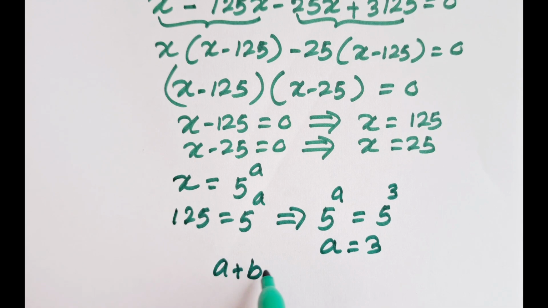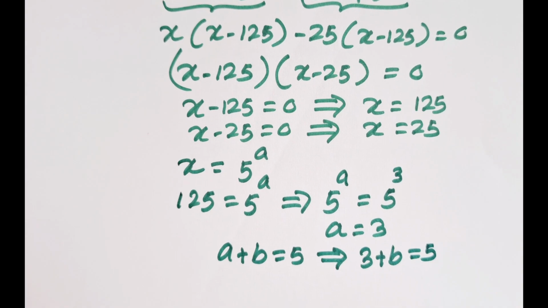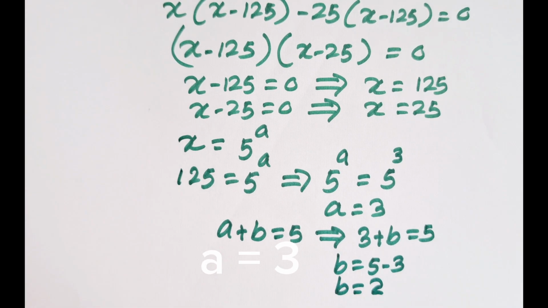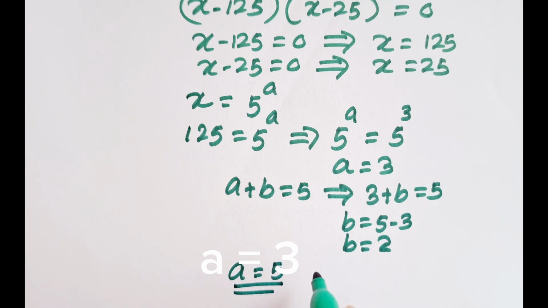Now we know that a plus b is equal to 5. So this is a simple equation. a is equal to 3, then b is equal to 2. So our final answers are a is equal to 3 and b is equal to 2.